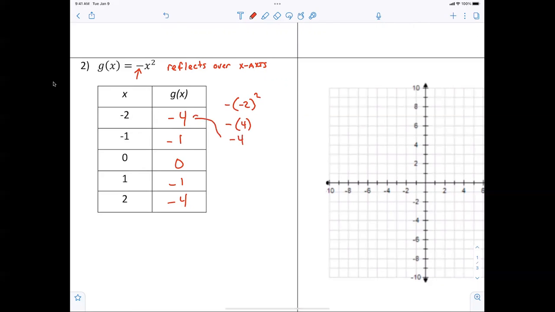That's how I got this number right here. So all of the answers are negatives because of the negative in front of the x squared? Yes, exactly. This negative right here means you're multiplying all of the answers by -1.